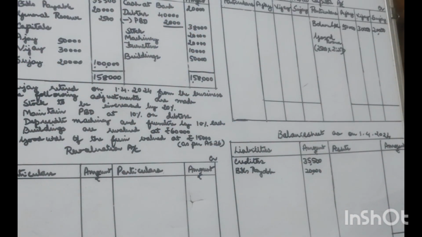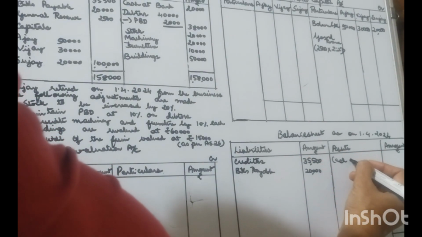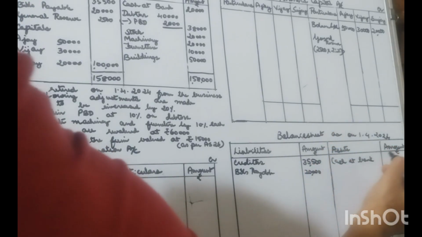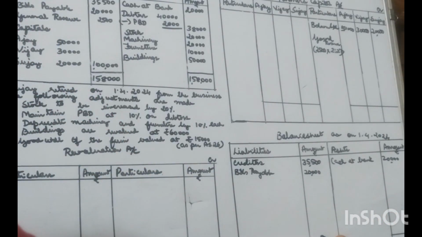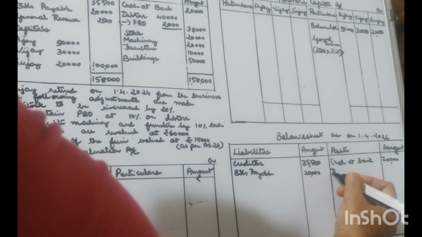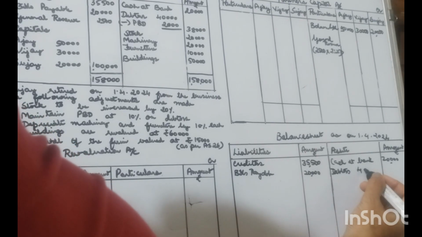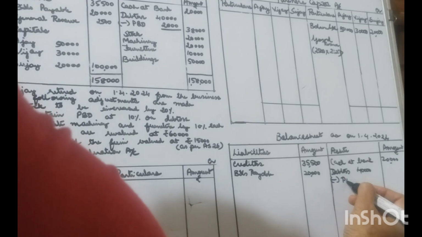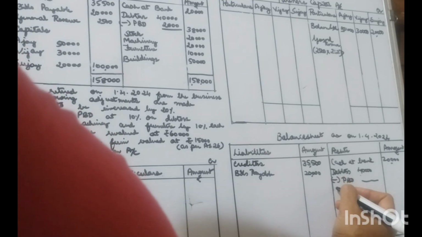Next, asset side. Cash at bank is one of the current assets, and it appears under the asset side itself. Next, debtors, which is also one of the current assets, with a provision for bad debts, with certain adjustments.